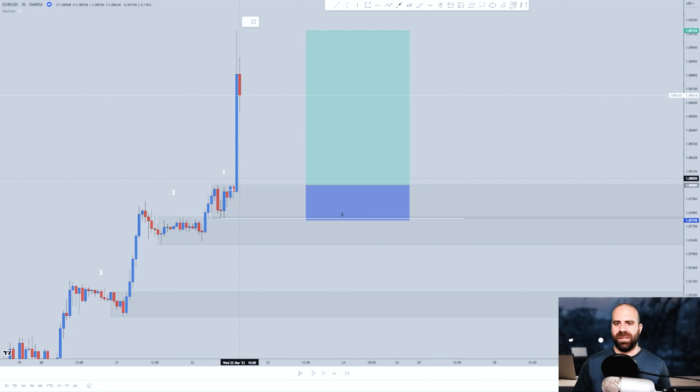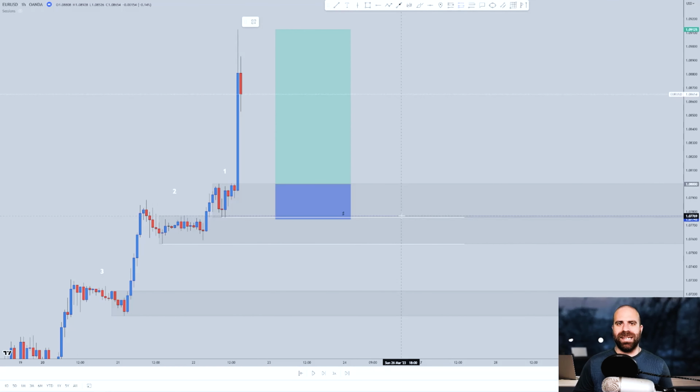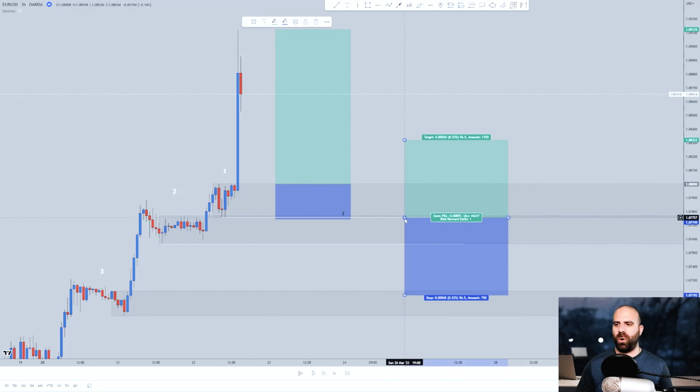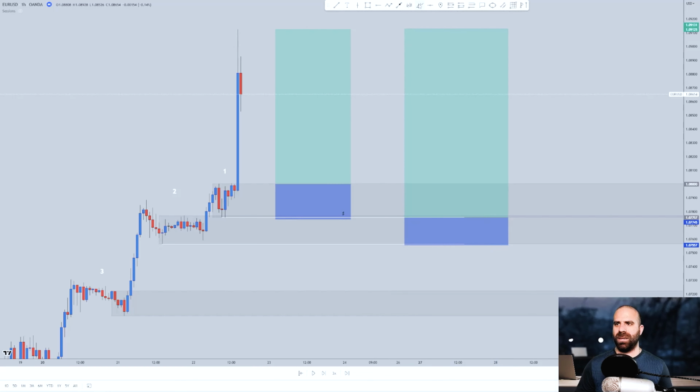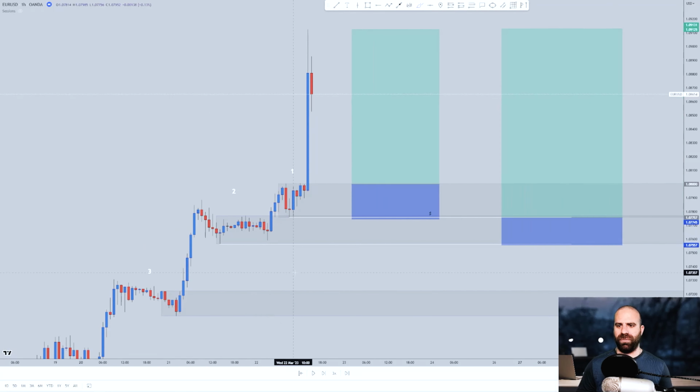What about this second order block over here? It is indeed an order block, but as we saw by scaling down on the 15-minute time frame, its lowest point was indeed tested. Once again, this was the lowest point as you see it right here, and it was tested by this one over here. And again, why is this not the new order block since this one is untested now, Chris?